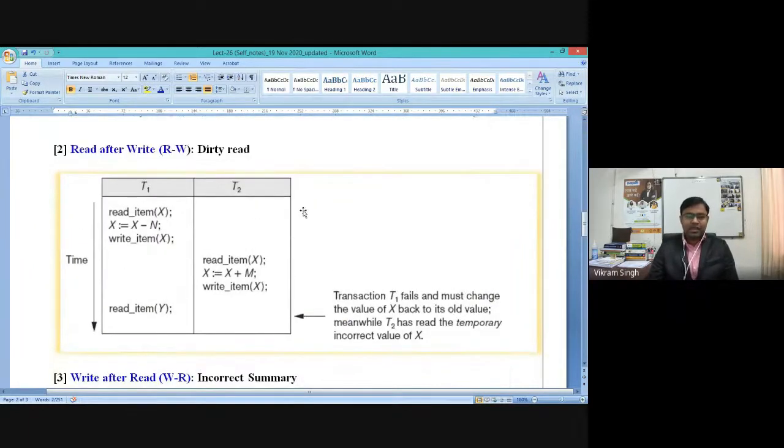Now you can see here again we have two transactions. In the second diagram, each and every instruction within transaction T1 has been placed in one simple block. The sequence of operations of T1 is organized in one place, and after the completion of all the operations in T1, we access transaction T2 and perform its operations.